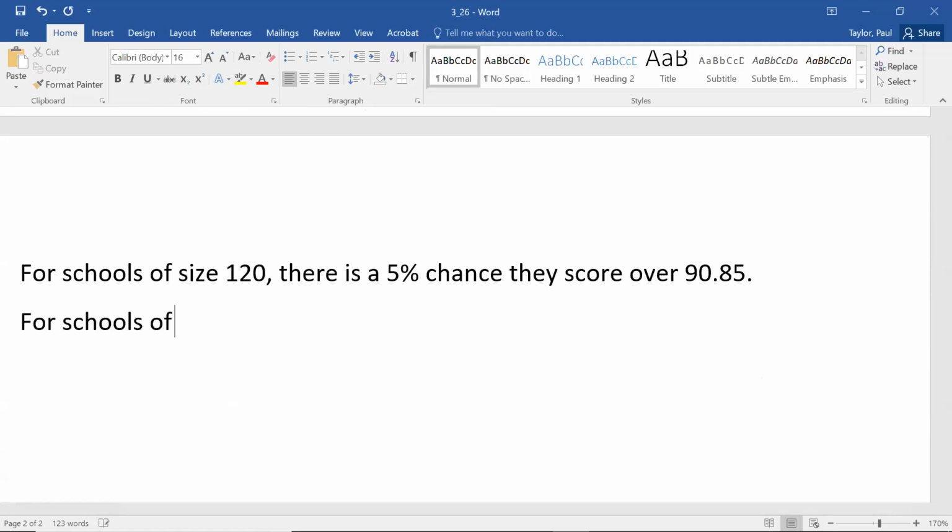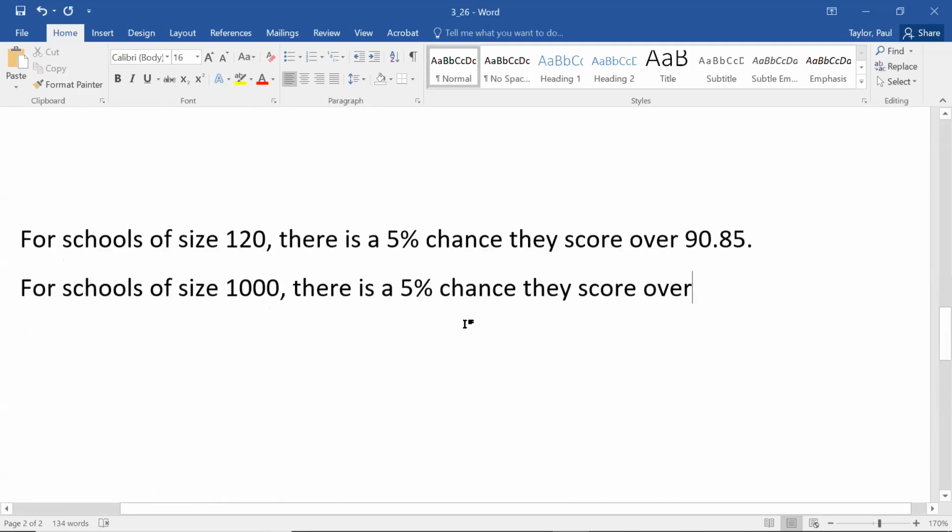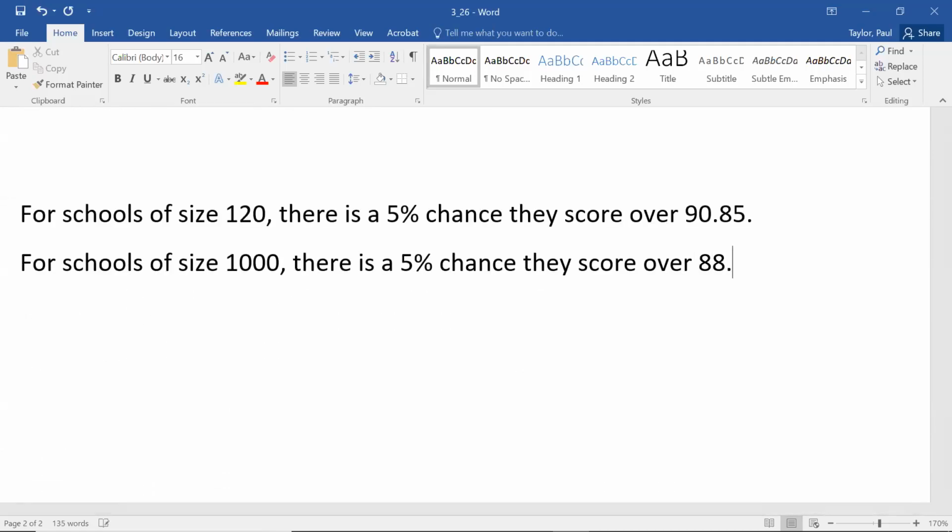For schools of size 1,000, there is a 5% chance they score over basically 88.99. And remember, there was pretty much no chance they got over 90.